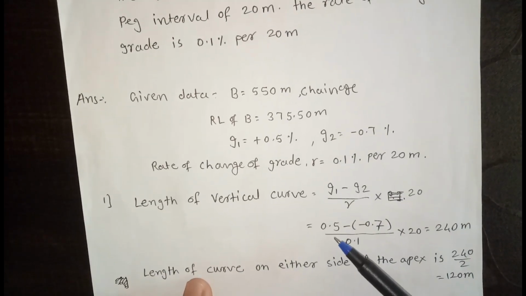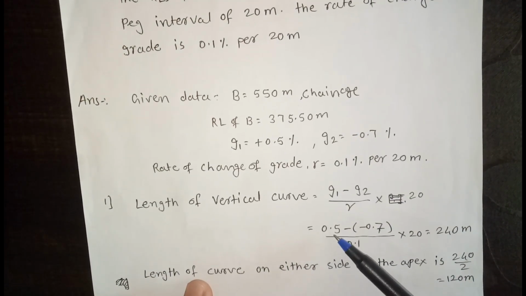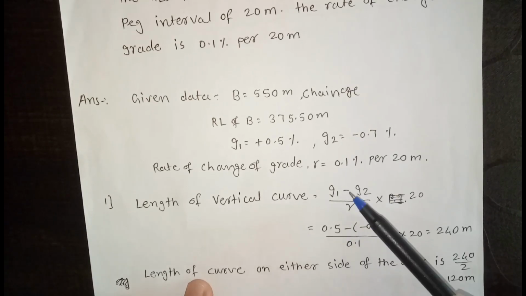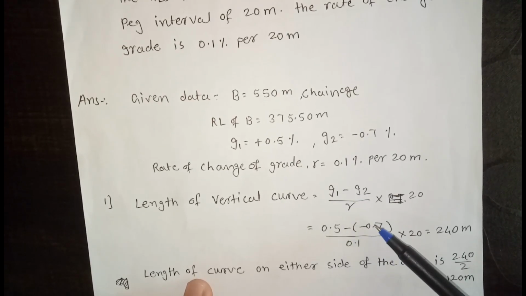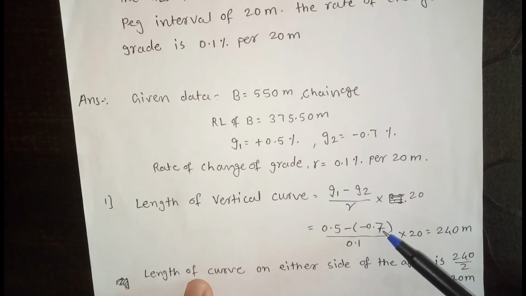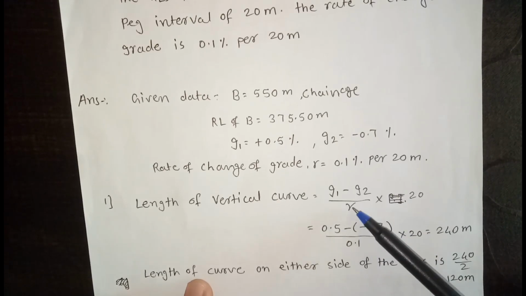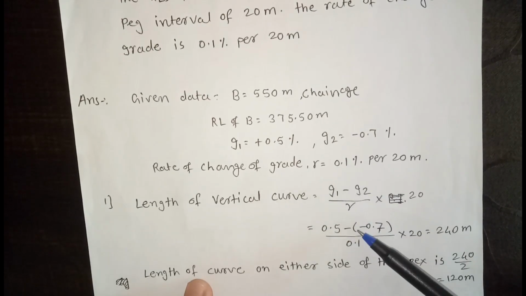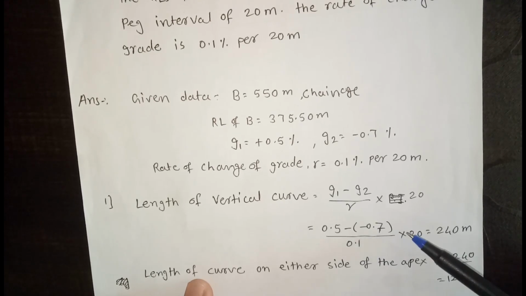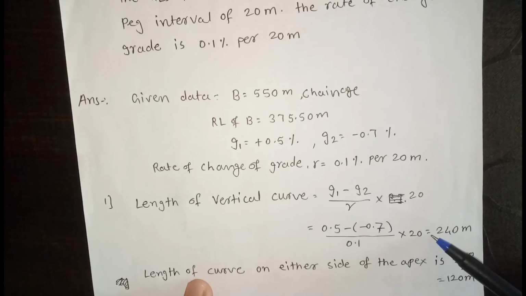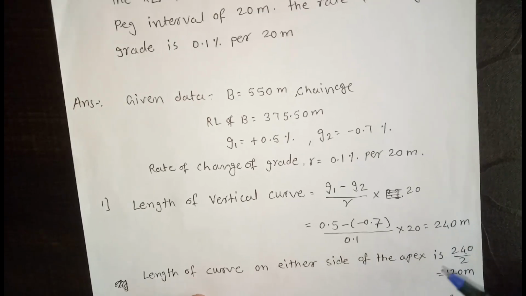So G1 is positive 0.5% minus G2, negative 0.7%, divided by 0.1 for 20 meter, that's why multiply by 20, is equal to 240 meter. The length of vertical curve is 240 meter.